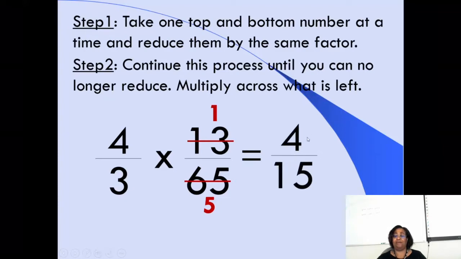Make sure that 4/15 cannot be reduced. What factor do 4 and 15 have in common to reduce evenly? What number will go into both 4 and 15 evenly? 1. So if it's 1, I'm done. This problem is done. I've reduced it as low as it can go.